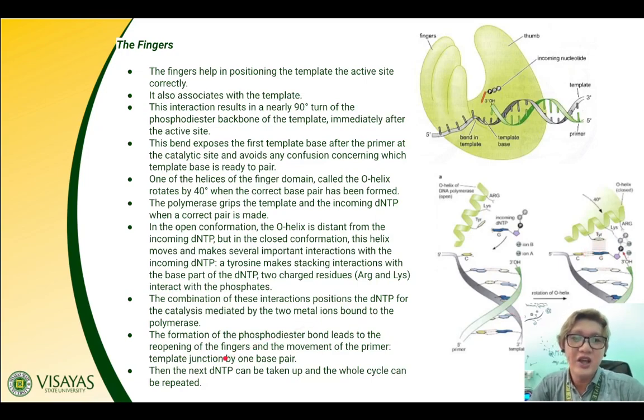The formation of the phosphodiester bond leads to the reopening of the fingers and the movement of the primer-template junction by one base pair. Then the next dNTP can be taken up and the whole cycle can be repeated again.